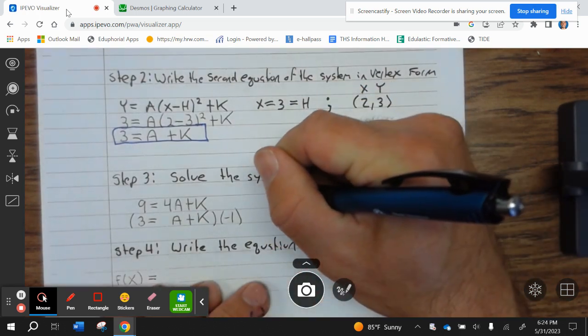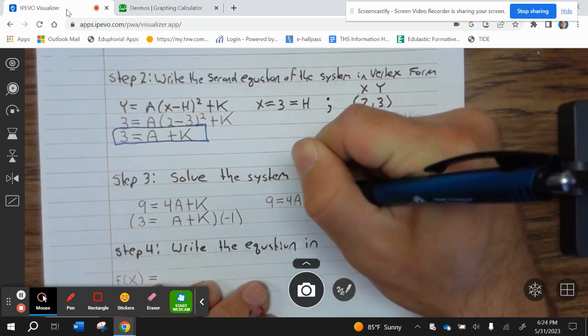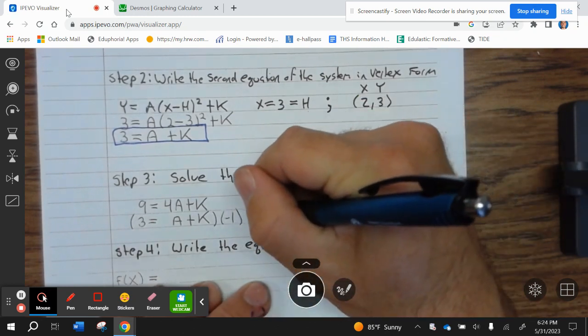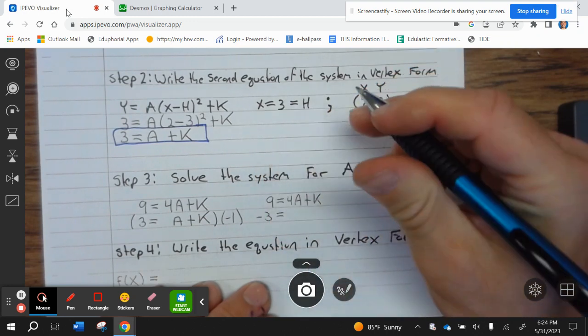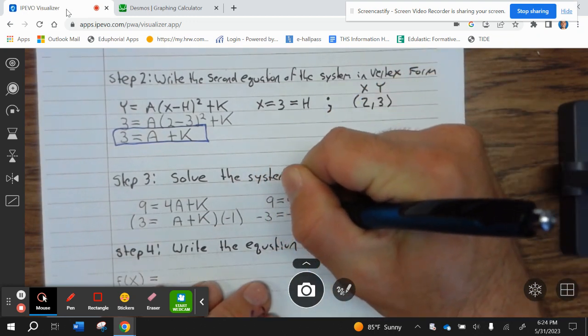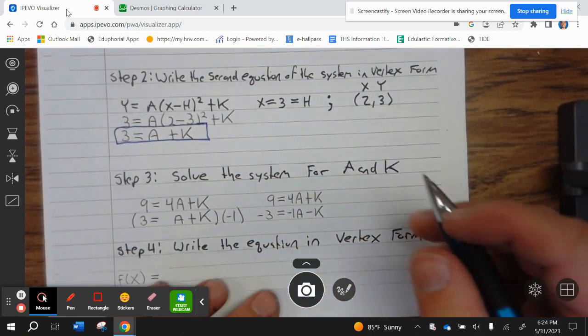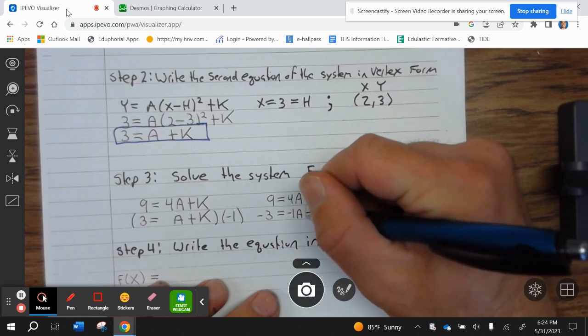So we have 9 equals 4a plus k. This equals -3 equals -1a minus k. So then this becomes 0.